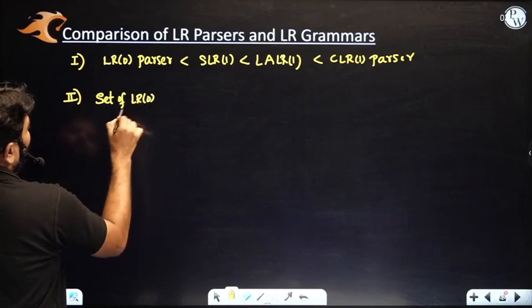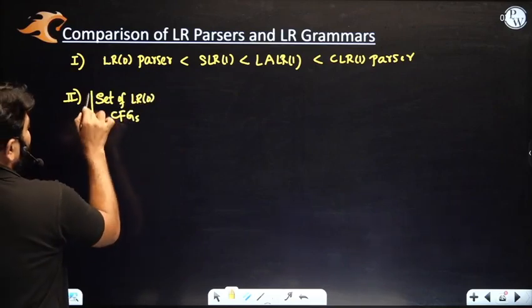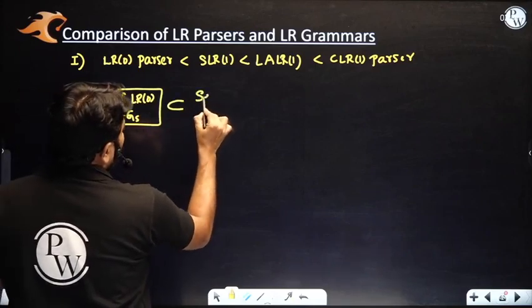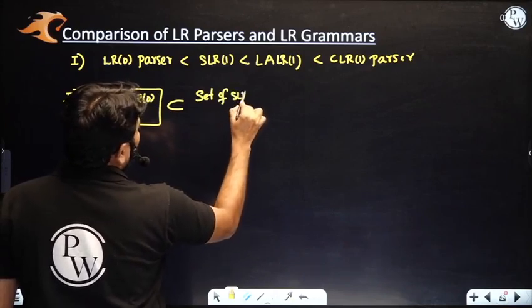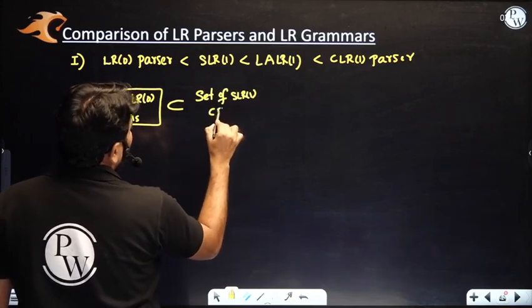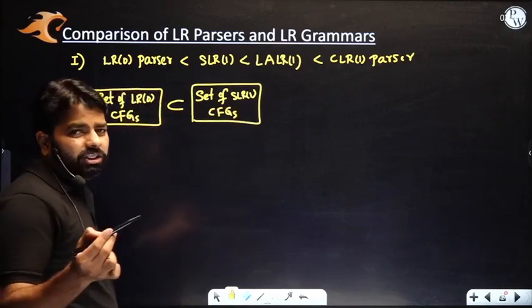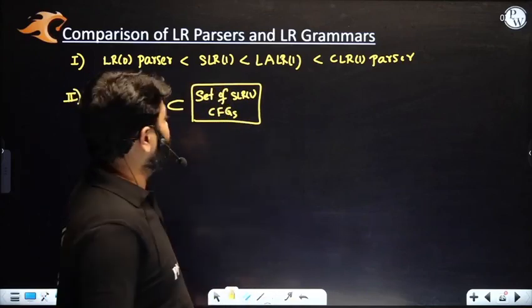Fine. Second point: when you look at the grammars, the set of LR0 context free grammars is one set. This set is strictly a subset of the set of SLR1 context free grammars. That means every LR0 is SLR1, but SLR1 need not be LR0.